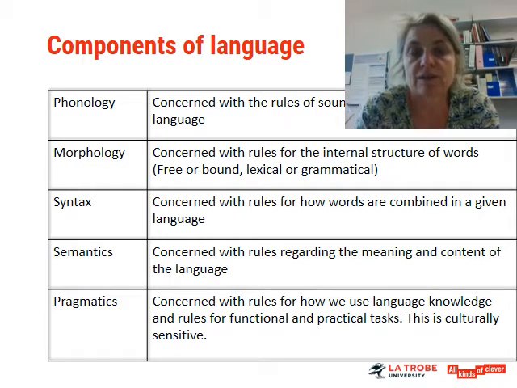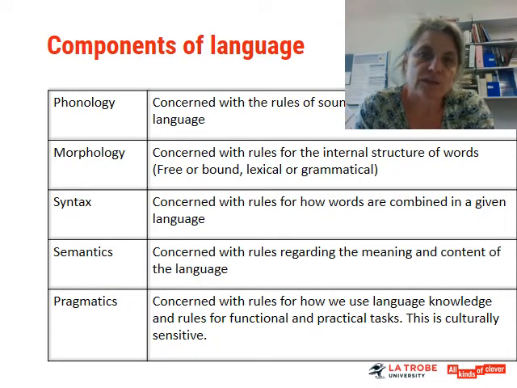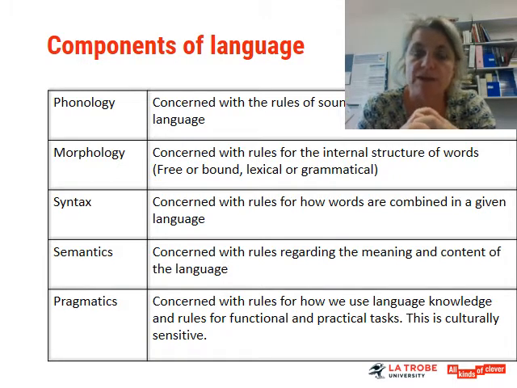Another rule is around the morphological rules, or rules of morphology. They're rules, if you recall from Tanya's lecture, around how components of a word can be combined.